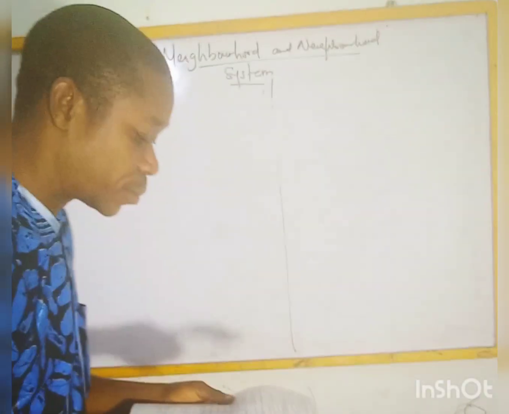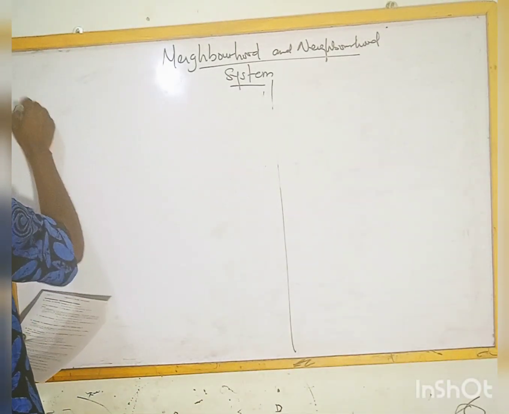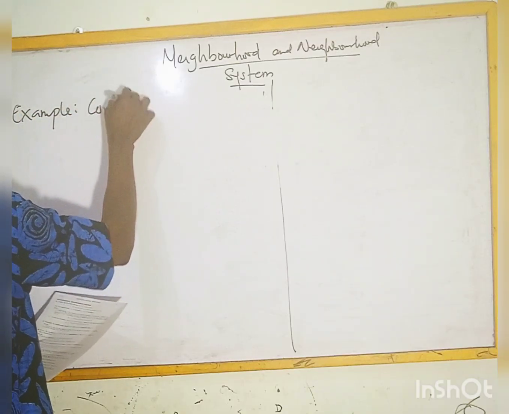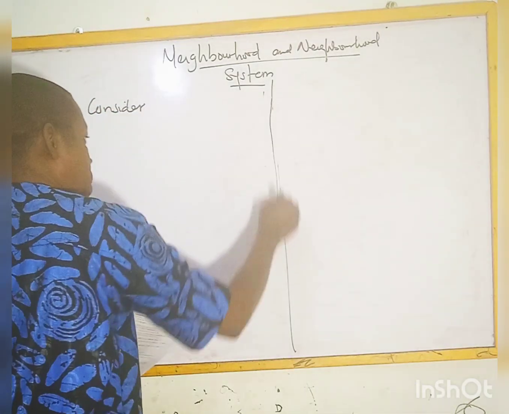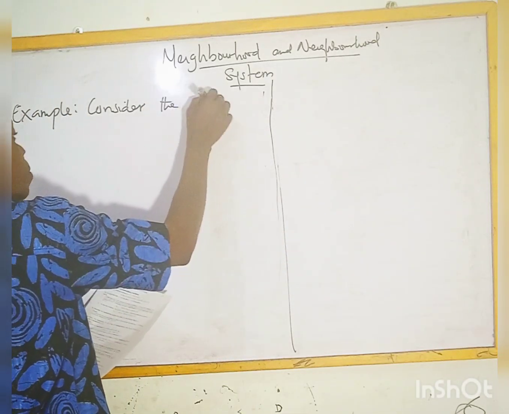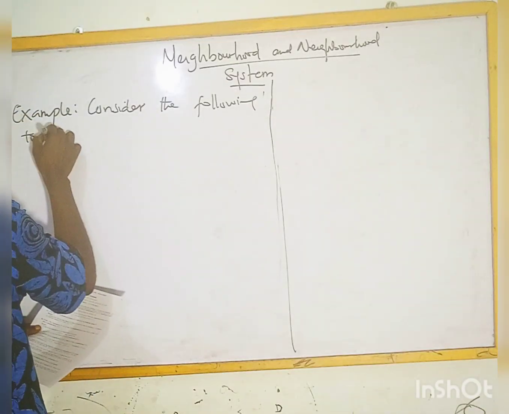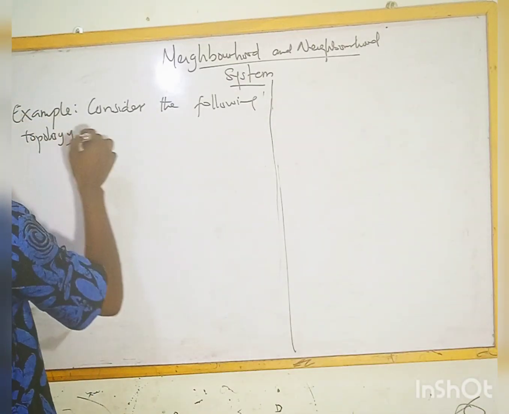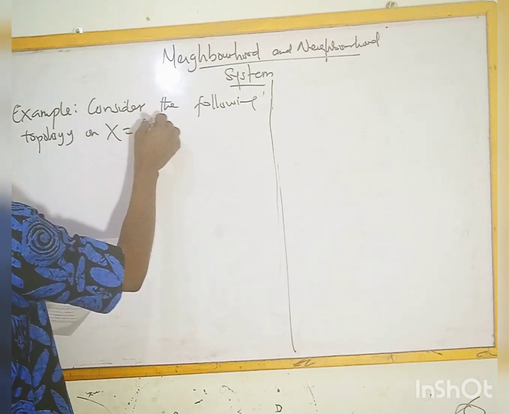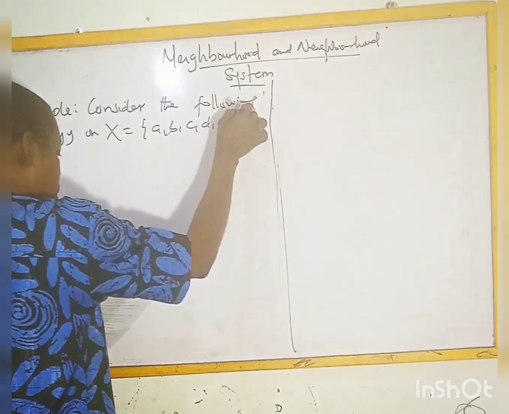It says consider the following topology on X, and let's make X equal to A, B, C, D, E. Can you see that now?